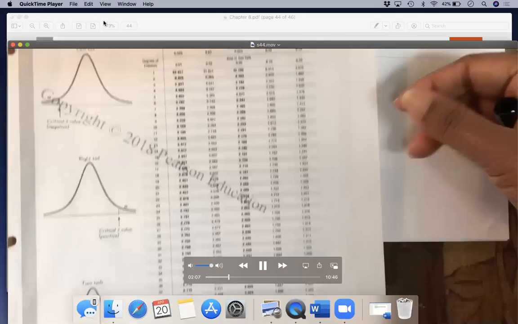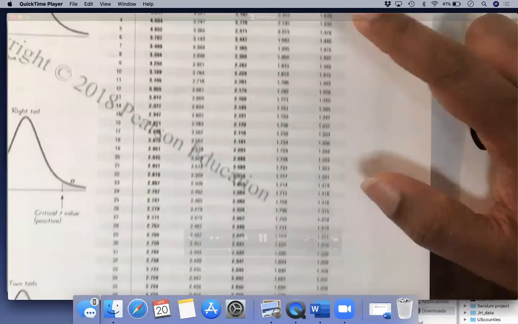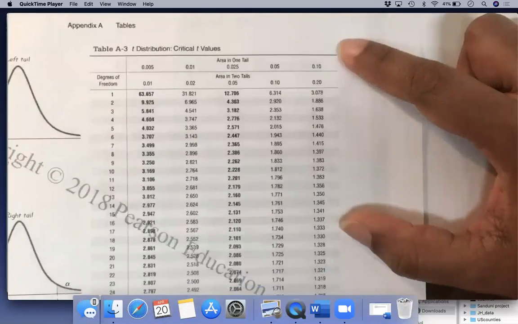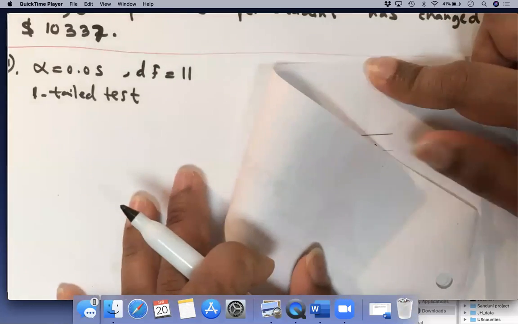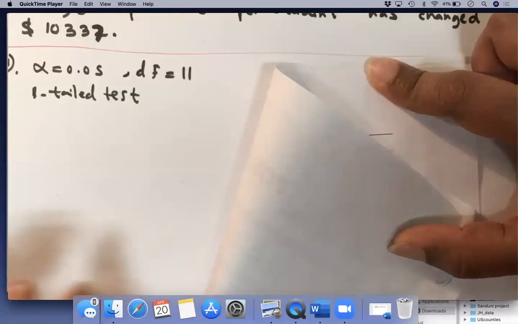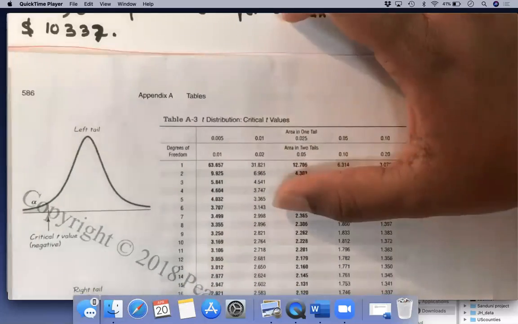Now use the table. This is very important. Why? Because here we have one tail test. So remember, if you have a one tail test, I told you alpha is always in one tail.